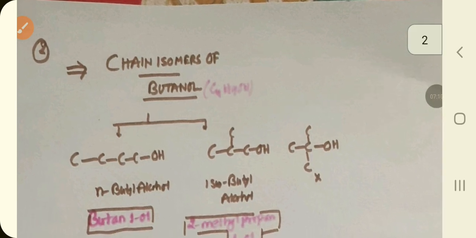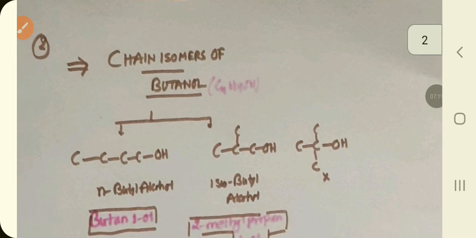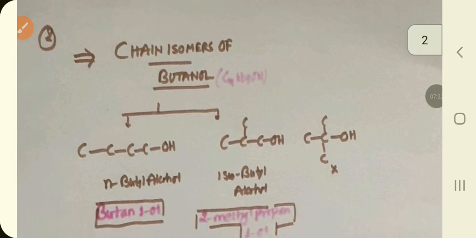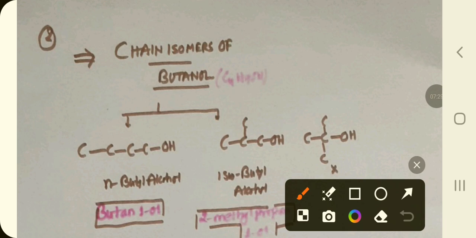So now try to understand by taking an example. Chain isomers of butanol. This simply indicates that the functional group is the OH functional group. The molecular formula of butanol is C4H9OH. This simple arrangement is n-butanol, then it is isobutyl alcohol.